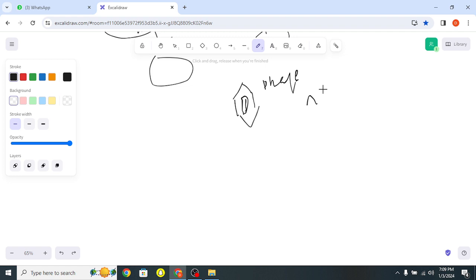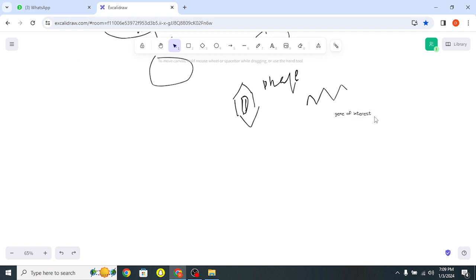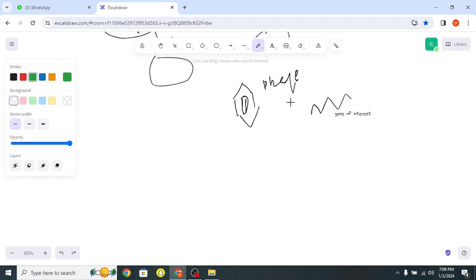Okay, suppose this is the gene of interest, and now this part of the gene, the green part of the gene, and this are combined in a phage, and hence we made it as this.